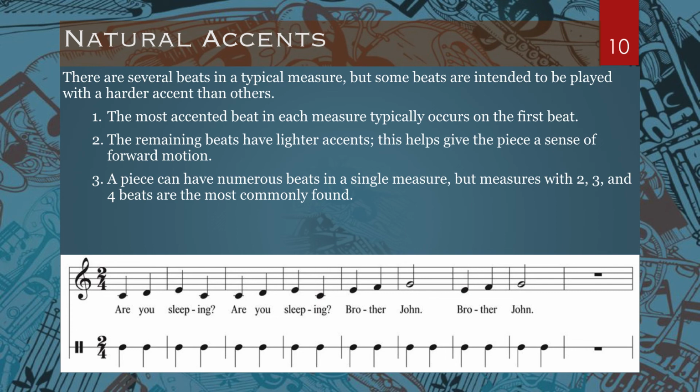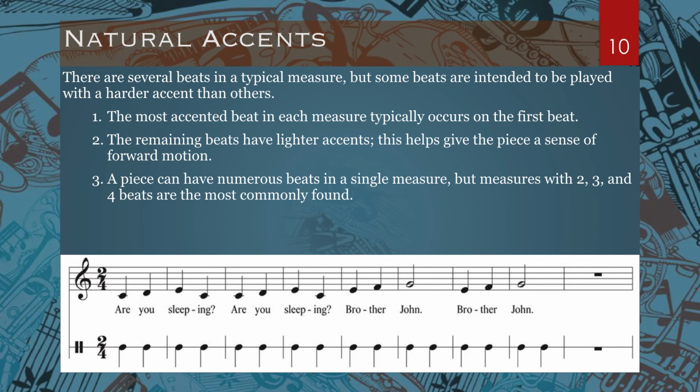Music is really a time art. So in order to make it feel like the piece is going somewhere and to feel like the melodies have structure, what we do is we create this system of strong followed by lighter accents to give the piece a sense of form and forward motion, to feel like it's actually going towards a goal.